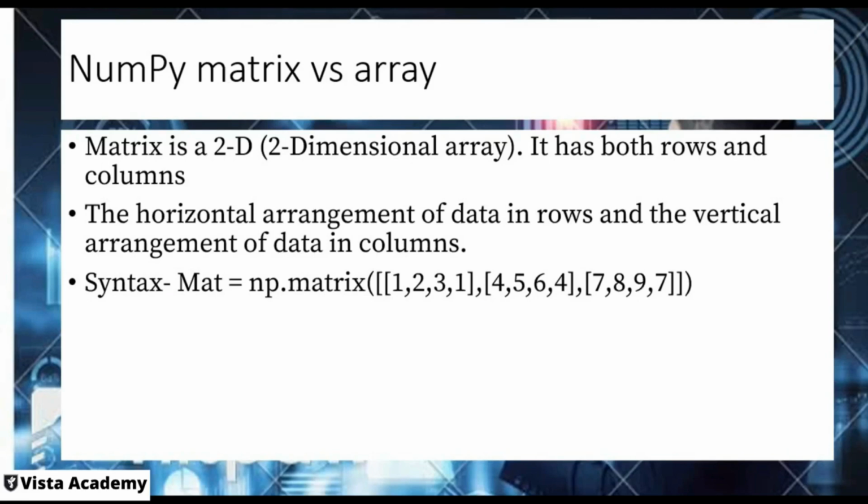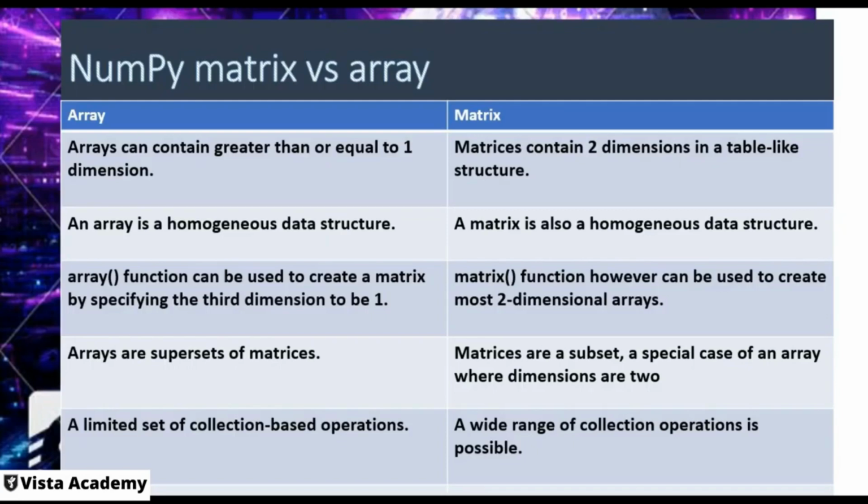Now what is the difference between a Numpy matrix and an array? An array can be 1 dimensional, 2 dimensional, or 3 dimensional, whereas a matrix is 2 dimensional, like a table.